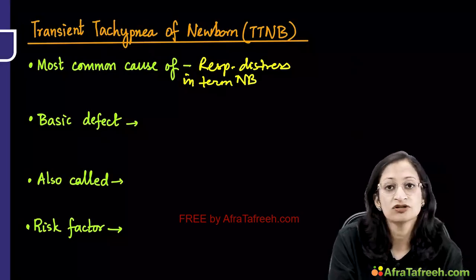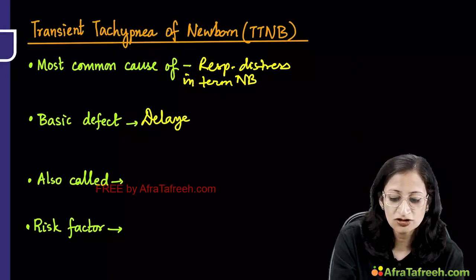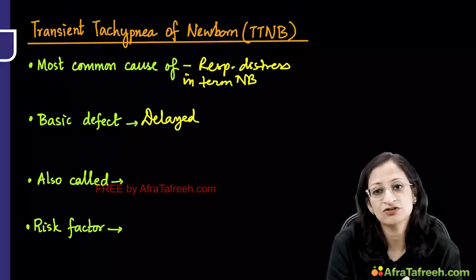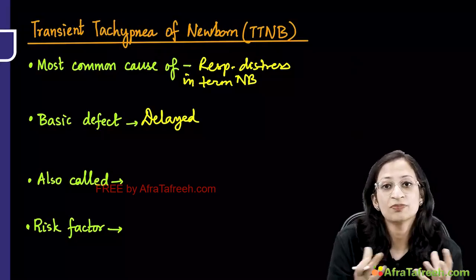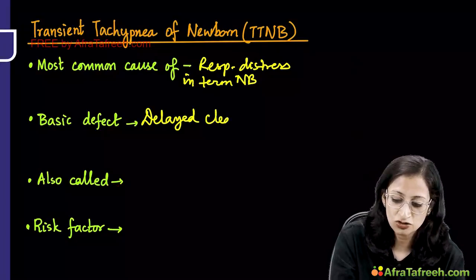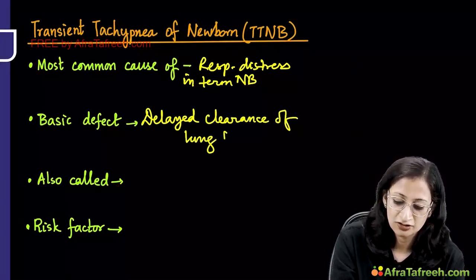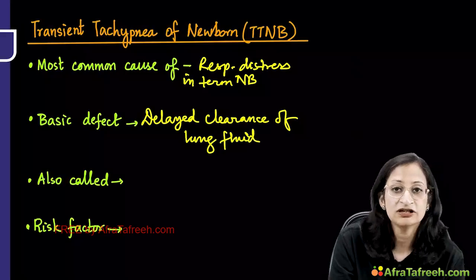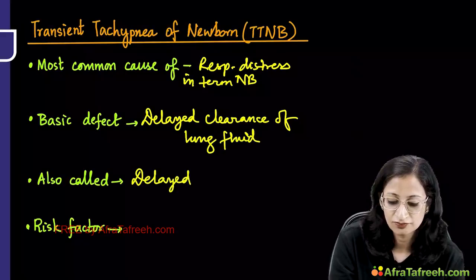Transient tachypnea of newborn. The basic defect here is delayed clearance of lung fluid. So in fetal life the lungs are totally collapsed and filled with fluid. As soon as the baby is born, the baby takes his first breath and the lungs open up and there is clearance of the lung fluid. So if there is delayed clearance of lung fluid, then you get TTNB. Because it is due to delayed clearance of lung fluid, it is also known as delayed adaptation.